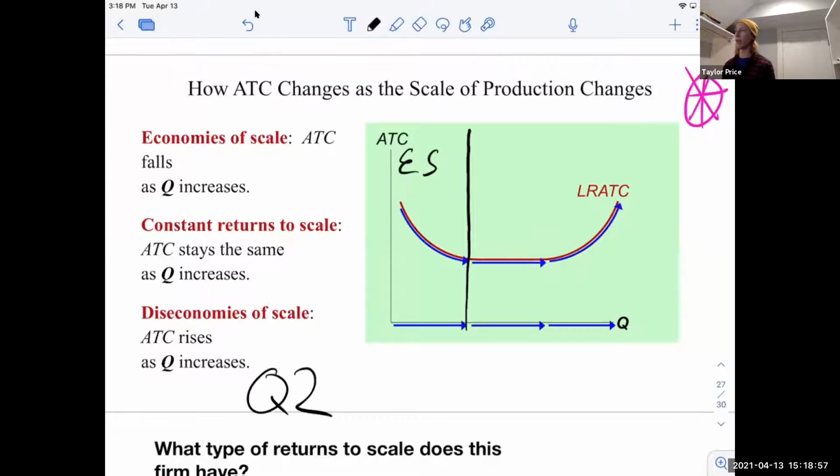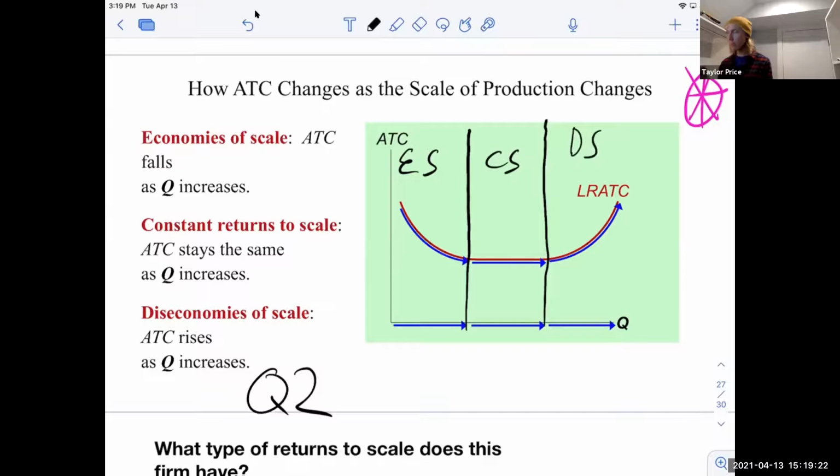Then we have constant returns to scale, where the average total cost curve stays the same as quantity increases. That's going to be something like this, and that'll be CS. And then finally, we have diseconomies of scale, where the average total cost curve is rising as quantity increases, which is going to be, I'll say DS.